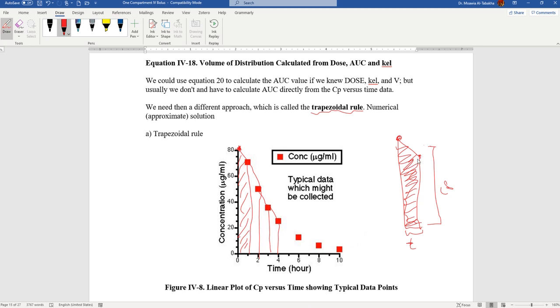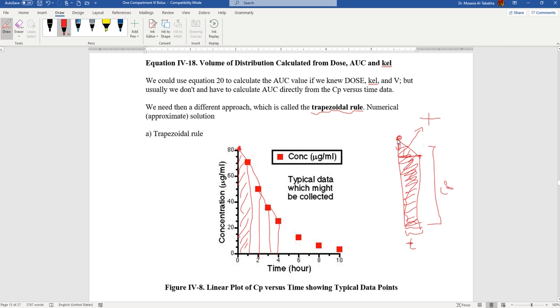You cannot use the smaller CP, because if you use it, the area you calculate will be less. It means this part is being omitted, as if we are removing this. So the area you calculate is less than the actual area.